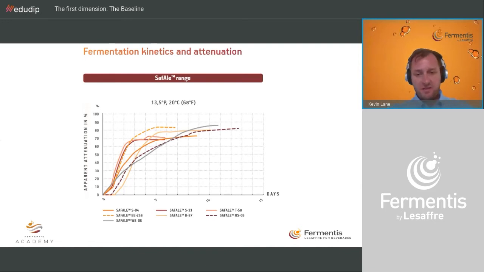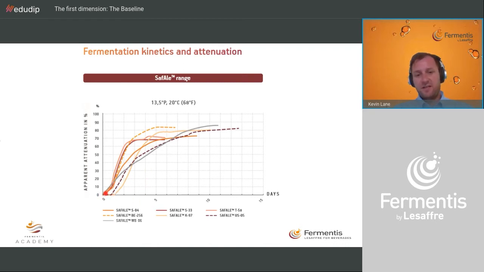One thing I like to point out here is that in a 13.5 Plato, the strains USO5 and K97 have roughly a 1-day lag phase. We'll see again, USO5 in the 18 Plato has a lag phase. So those are the 2 here down at the bottom that have roughly a day lag phase and then start to ferment.